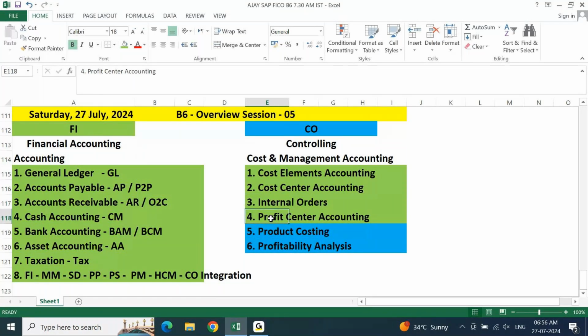Either cost center or profit center is by default mandatory for every debit, every credit that you are posting in SAP. Without these objects, your accounting entry cannot be completed.